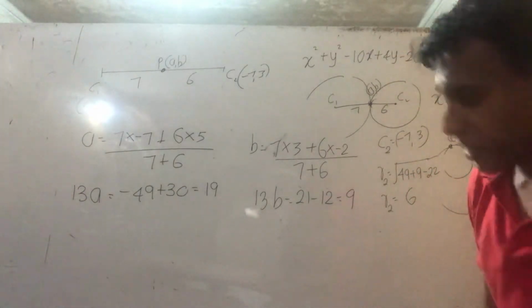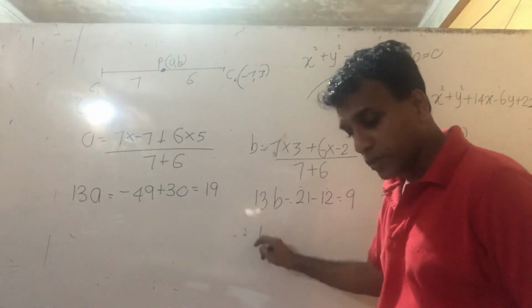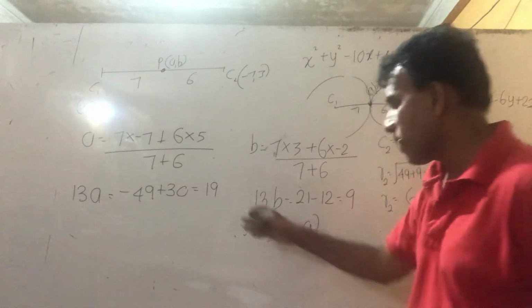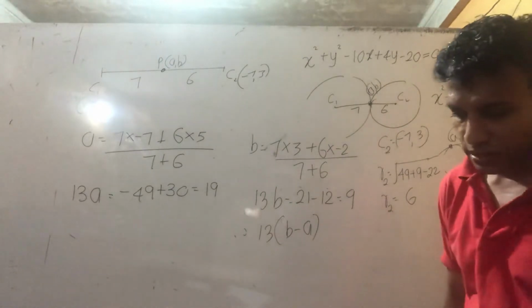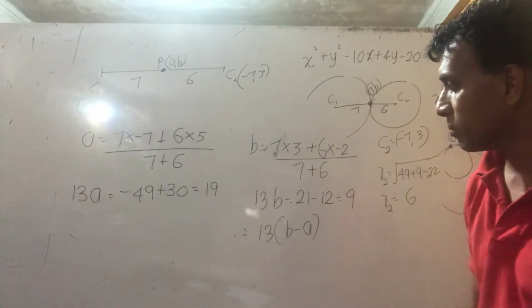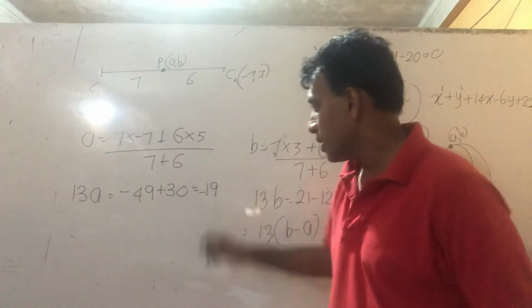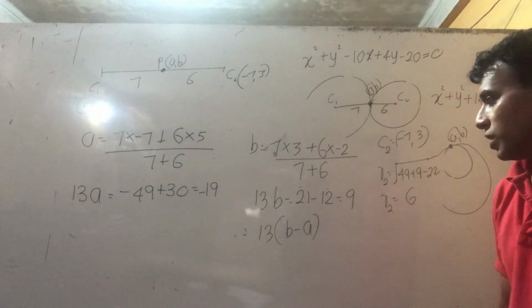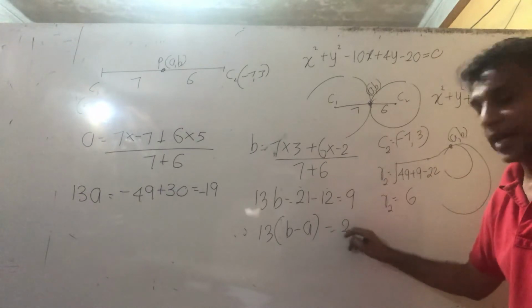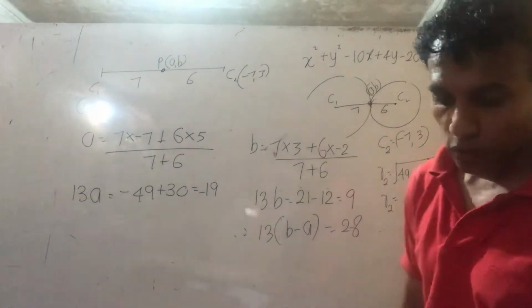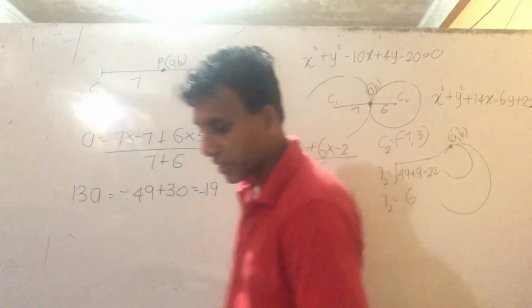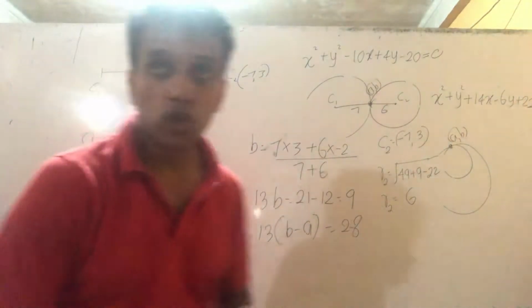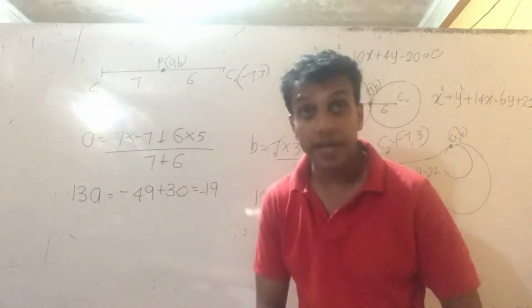So what is the question? 13B minus 13A. I missed the minus here: minus minus 19. Check, 13B minus 13A, what is the answer? 28. Check, the answer is 28. Very useful coordinate geometry, both the straight line and the circle.